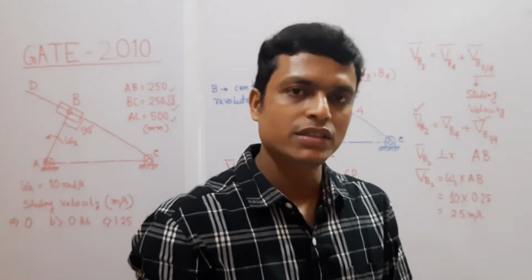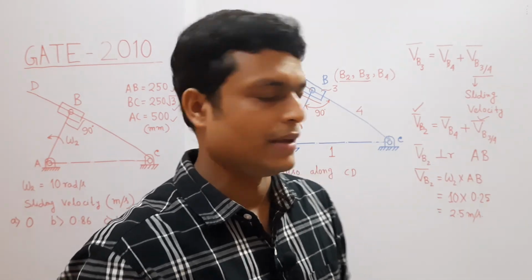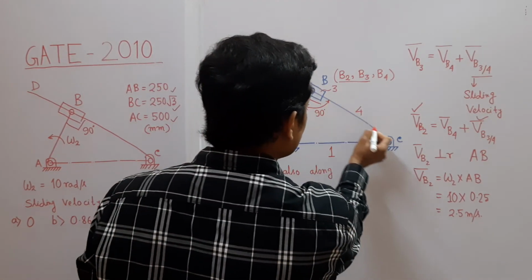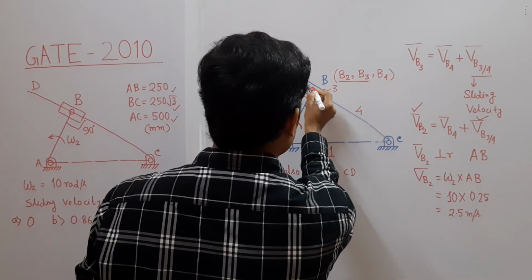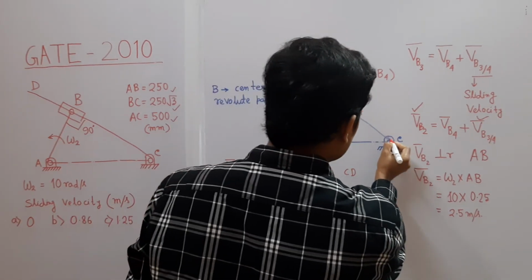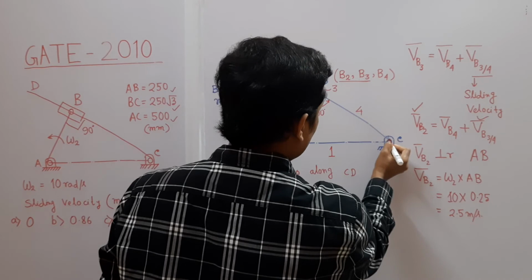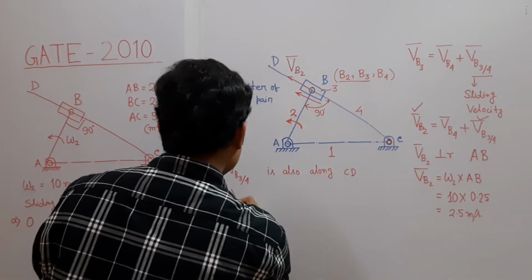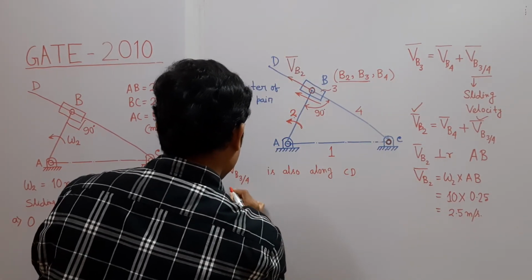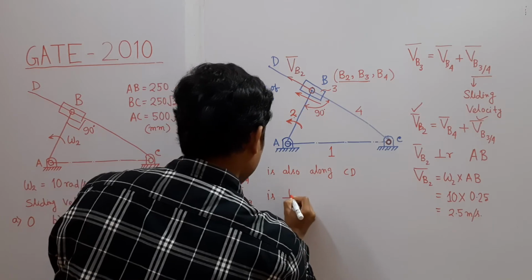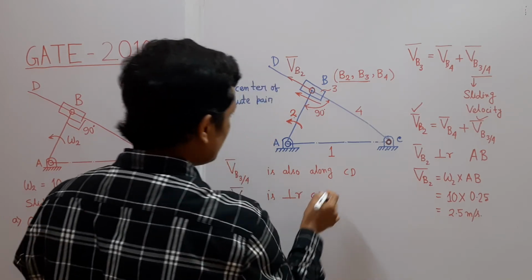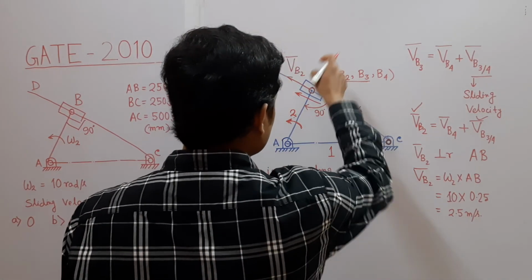V4 is the velocity of link 4 at point B. As link 4 has pure rotation about C, V4 is perpendicular to CD, that is perpendicular to link number 4.